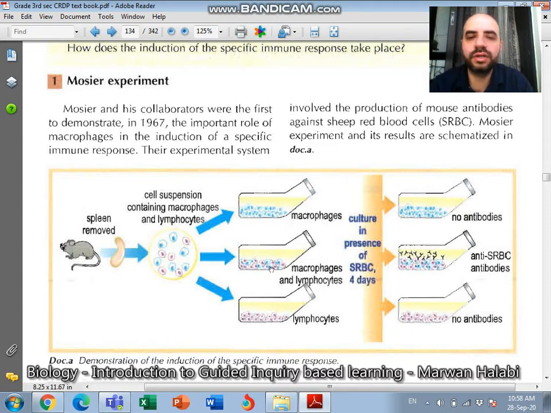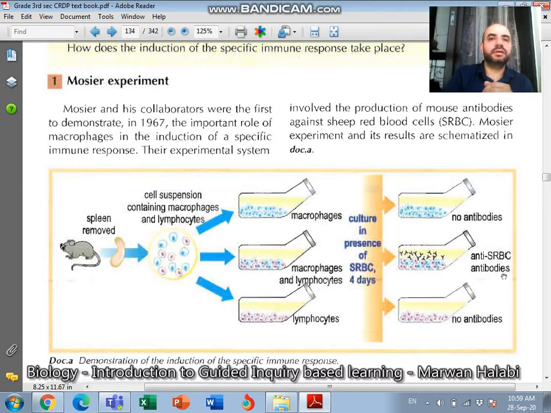The second one will contain both macrophages and lymphocytes, and the third one will contain lymphocytes alone. And then they introduced sheep red blood cells to these three culture media, and 4 days later the results are obtained where no antibodies are being produced in the first and the third culture media, while the second one only could produce antibodies against sheep red blood cells.